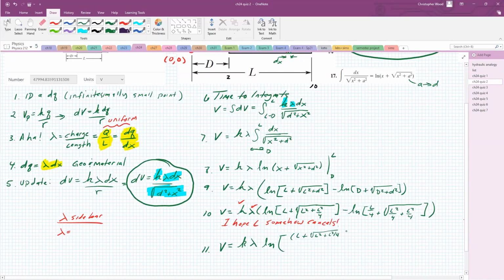I'll write it like that. All of that over L over 4 plus the square root of L squared over 4 plus L squared over 4.